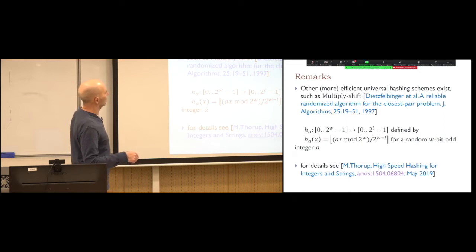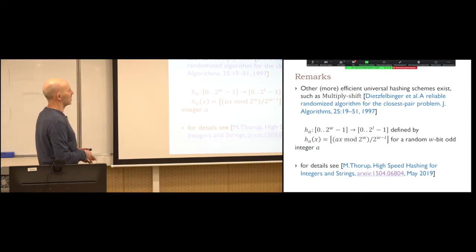Assume our keys take w bits, and we hash it to L bits. So we multiply it by a random number of w bits, so we obtain a number with 2w bits.